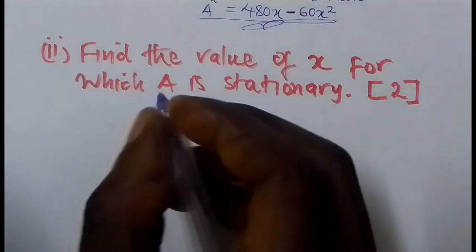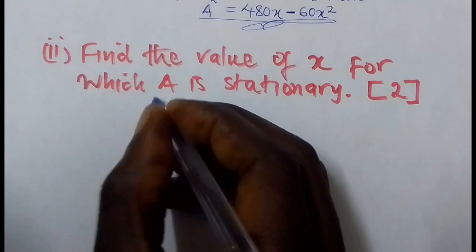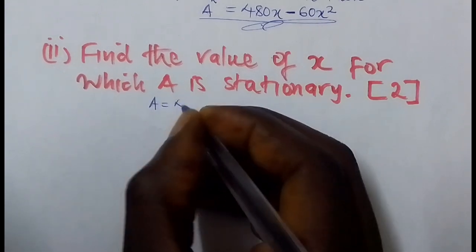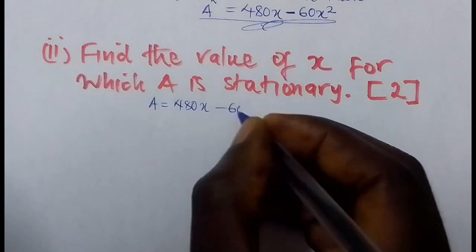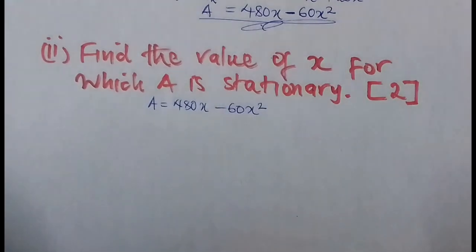So remember, we got A equal to 480x minus 60x squared.